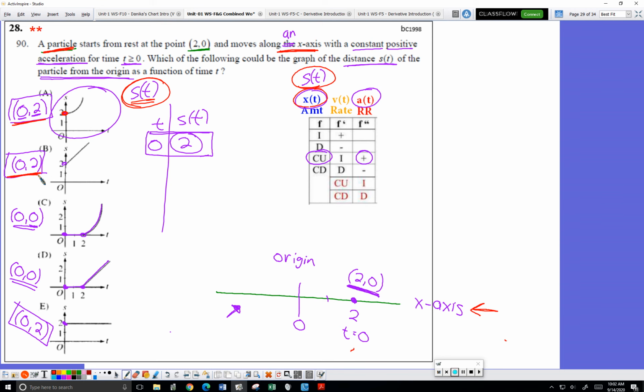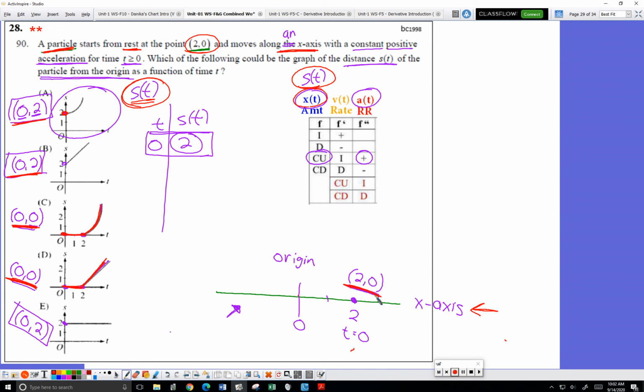This graph is a problem. I can't even tell if this graph actually comes over to here or not. I don't really think it does, but this would be (0, 0). Same with this one. If I make an assumption that it's this kind of a graph, I don't know that it is. This would tell me at time 0 the particle is right here, which is not true, because it says the particle starts from rest at the point 2 on this line.